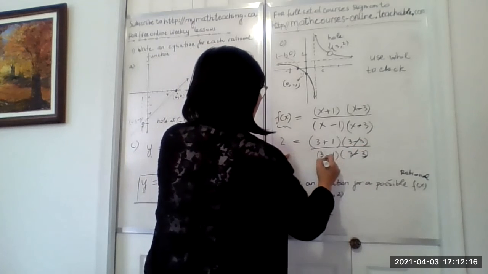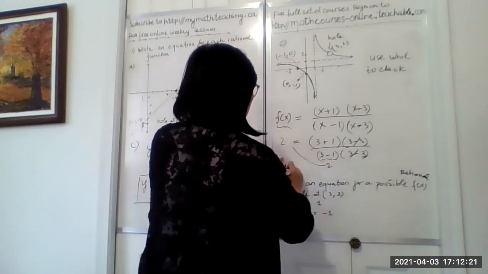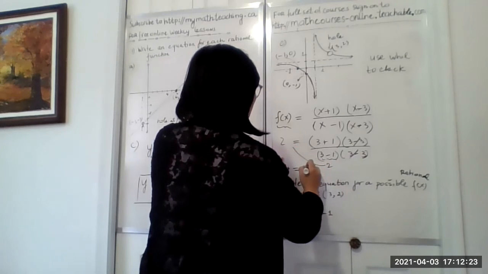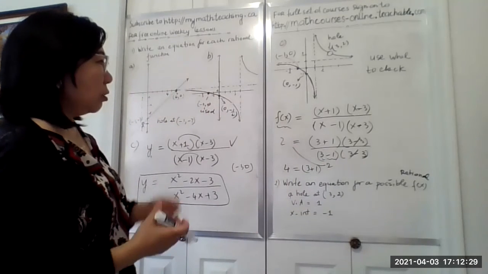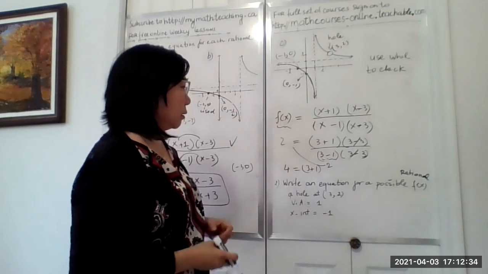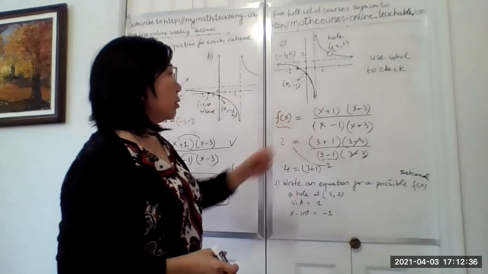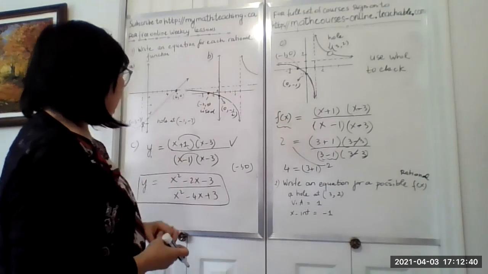So down here will become 2. So now I'm going to simplify this: 4 over 2 equal 2. So yes, left side and right side match. So it looks correct if we put the hole in here and we check. So this is our established equation.